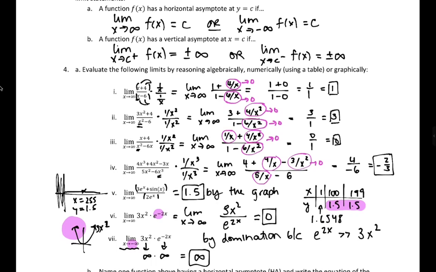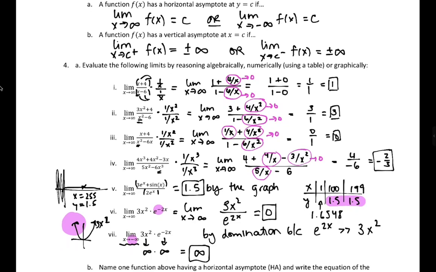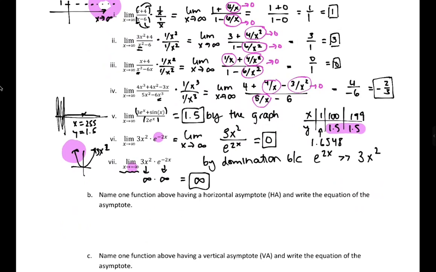If you think about number one, it matches the definition given algebraically. And if you're more of a graphical person, here x is approaching infinity and y is approaching 1. So I know that this is going to be a horizontal asymptote situation.